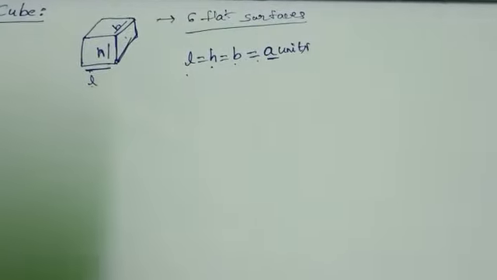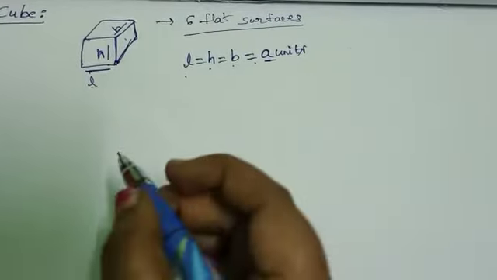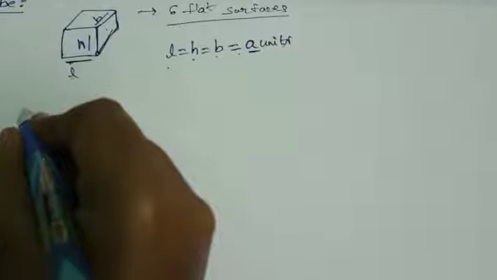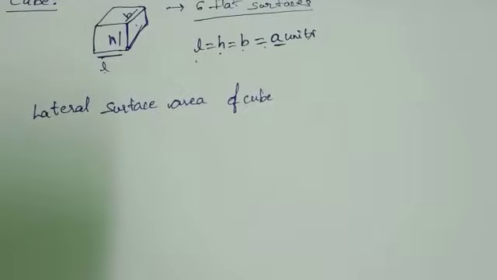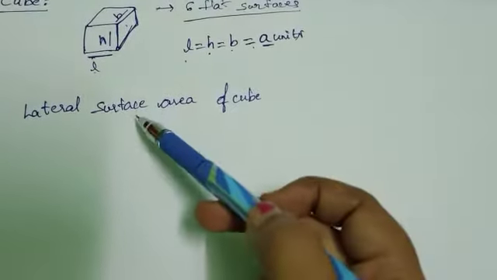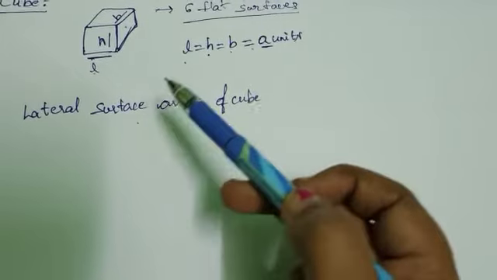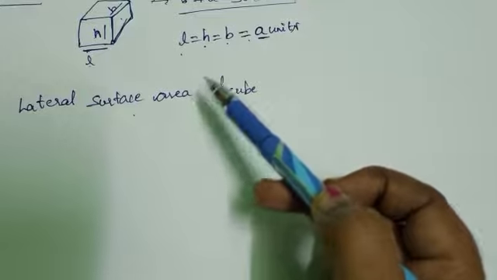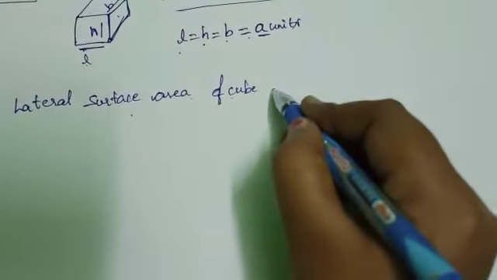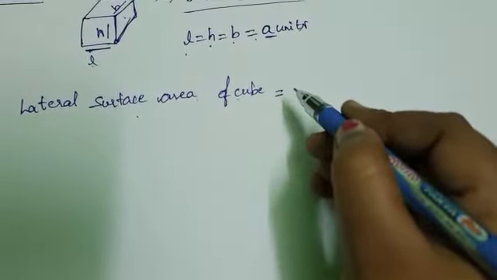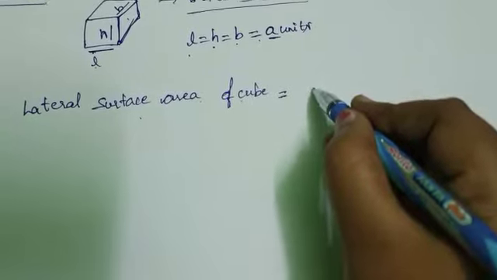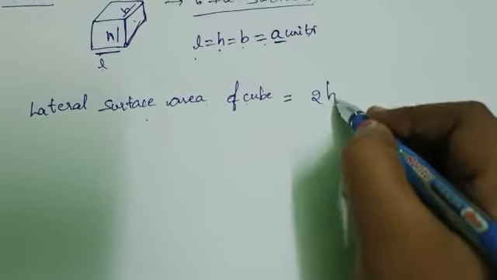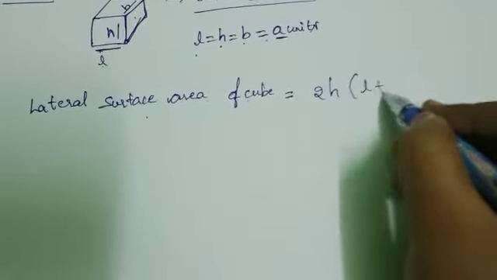So, first, lateral surface area. What is the lateral surface area of the cube? Lateral surface area means area of all of the sides of an object excluding its base and top. So, we know the formula for lateral surface area of the cuboid: 2 into h into (L plus B).